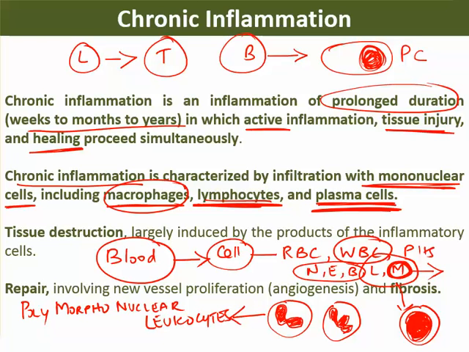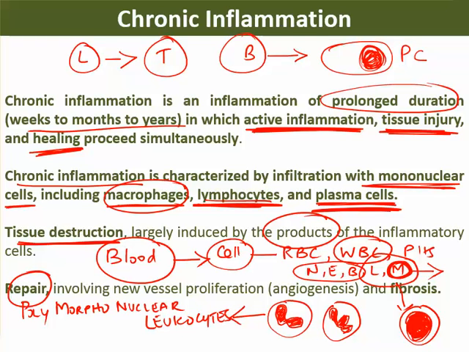So now I told you three things happen, right? One is active inflammation, tissue injury and healing, and this all happens at the same time. Next is tissue destruction. The tissue destruction is due to the products of the inflammatory cells. The inflammatory cells secrete some products that will destroy the tissue cells.